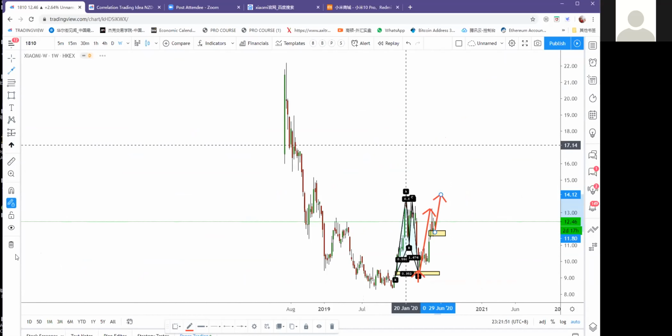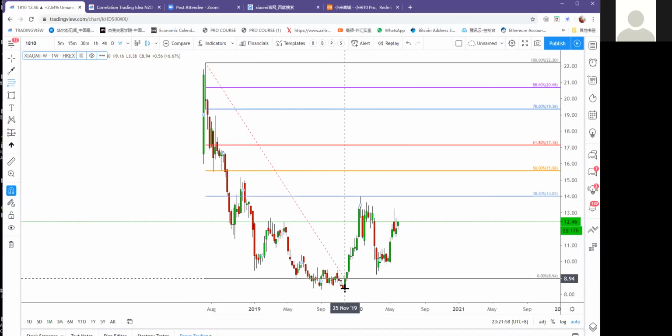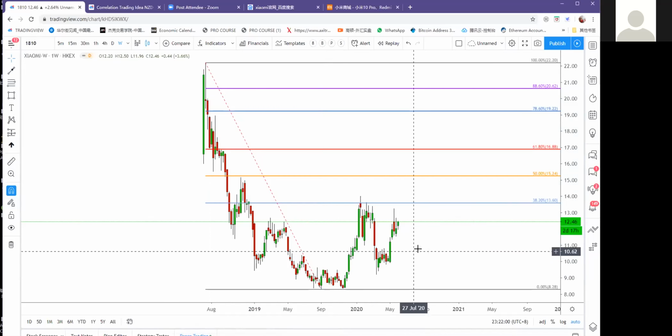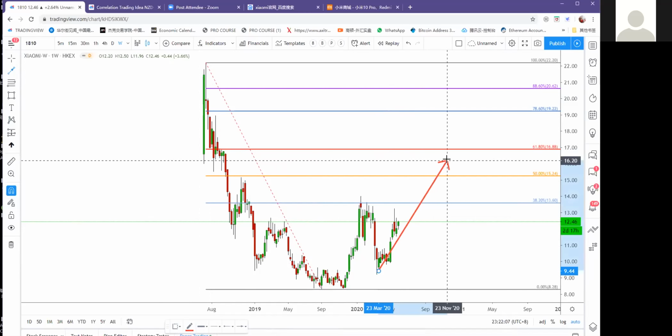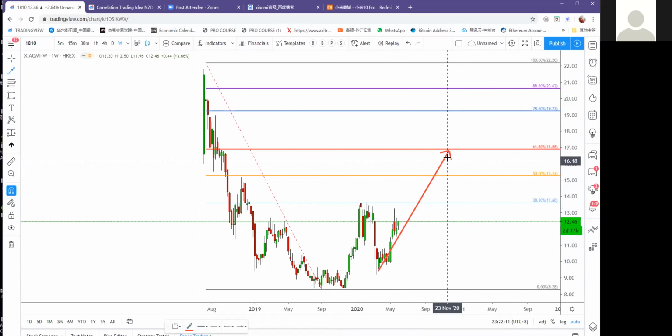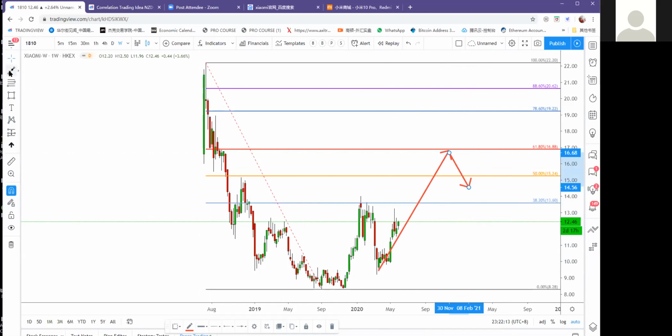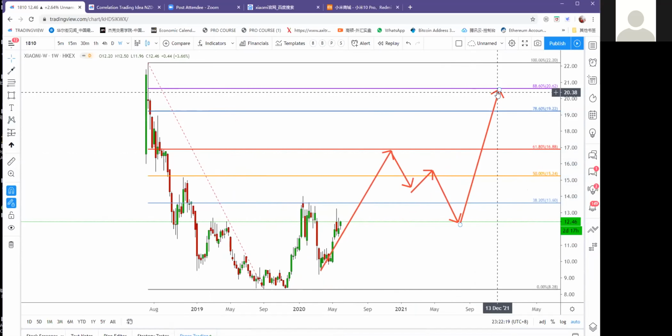On the weekly chart, I will put my forecast here. If the fundamentals of Mi are still good, it will go back to $17 first, and then may have some correction, maybe a 2-leg correction like this, and then eventually it can go to 20.62.